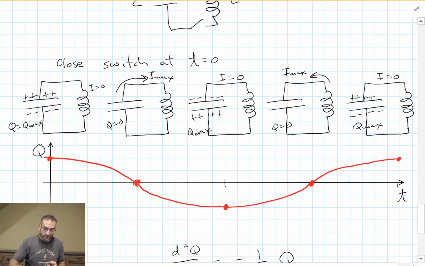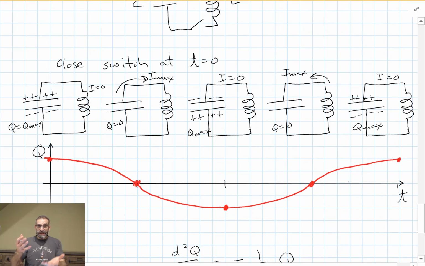And what's happening here? The energy is stored in the electric field of the capacitor, then it's in the magnetic field of the inductor, then the electric field of the capacitor, and it goes back and forth like that. And as long as there's not a resistance in this wire at all, no resistor in this circuit, it'll oscillate back and forth like that forever. It's a simple harmonic oscillator.